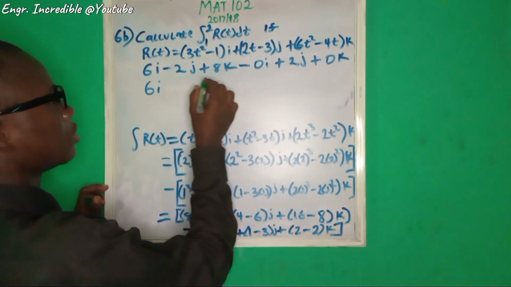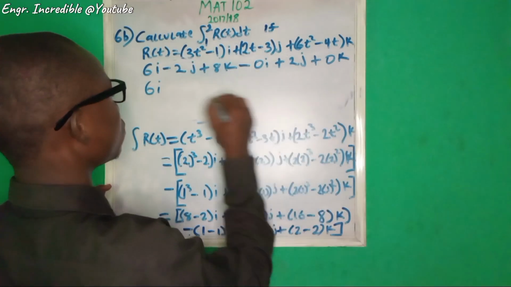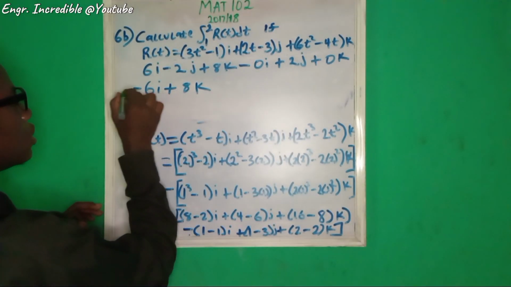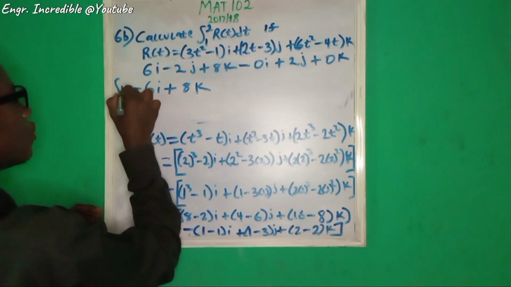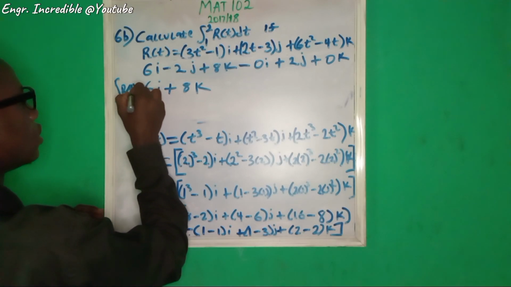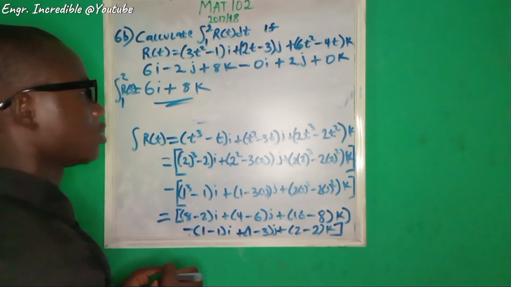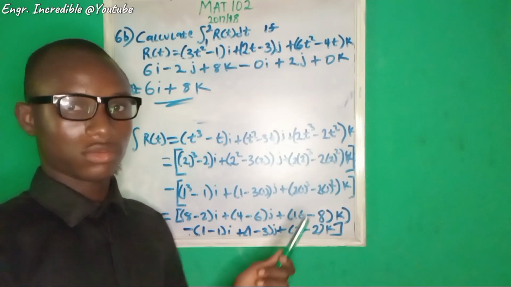And then we will have our 8k plus 0k, that is plus 8k. So therefore this is the integral of r of t from 2 to 1, 6i plus 8k. Thank you very much.